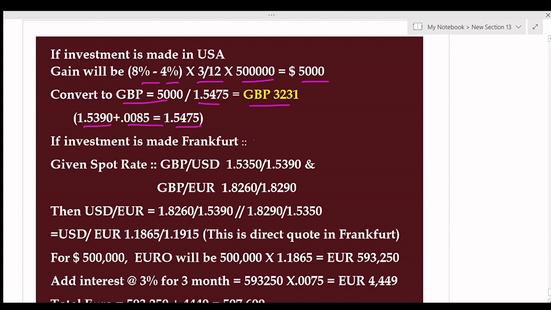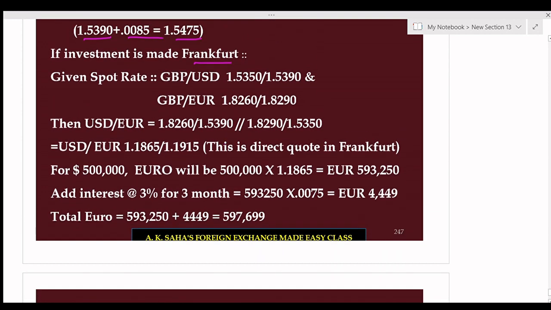Now if the investment is made in Frankfurt, that is euro, the fund is in dollar, so it will be converted to euro because this amount will be deposited in Frankfurt. The spot rate given: GBP USD is equal to 1.5350, 1.5390.